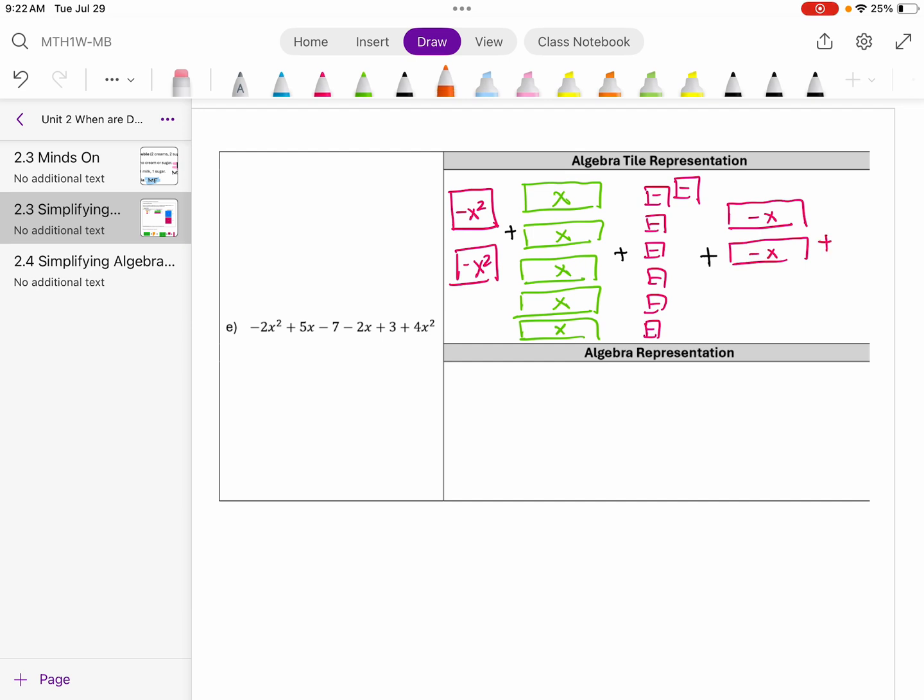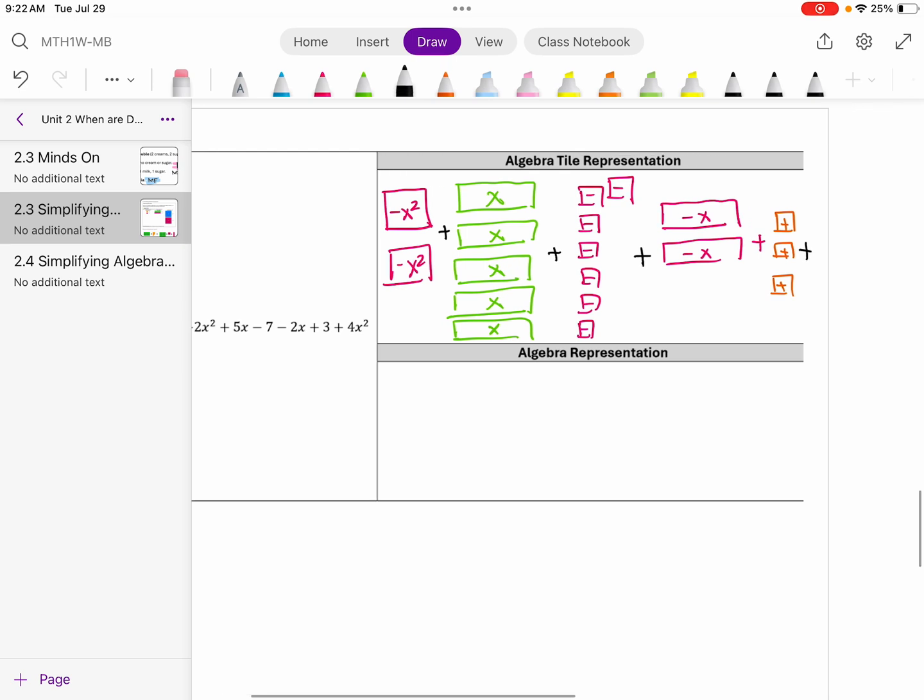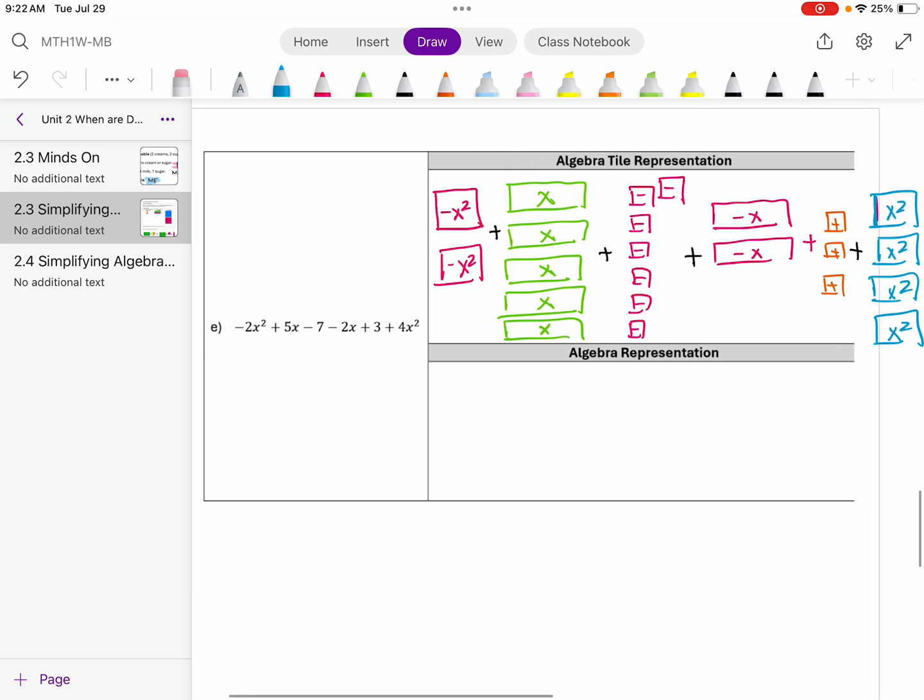Plus 3 unit tiles. And 4x squared tiles. So if I was to write this out, I have negative 2x squared plus 5x minus 7 minus 2x plus 3 plus 4x squared. So our first step is to collect our like terms.